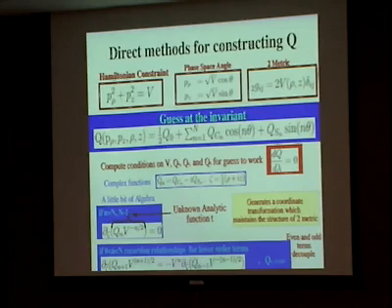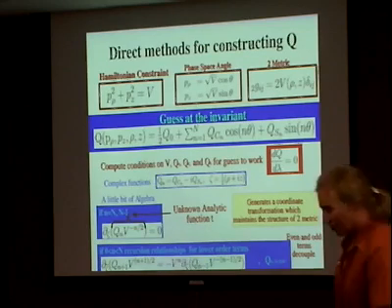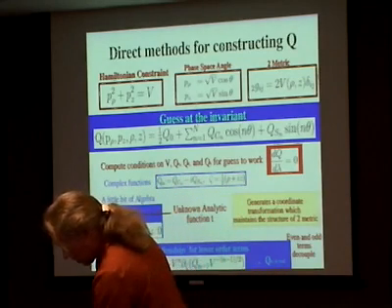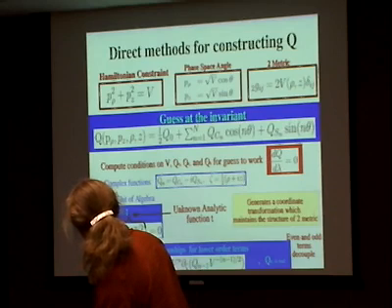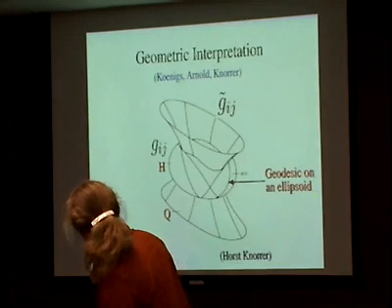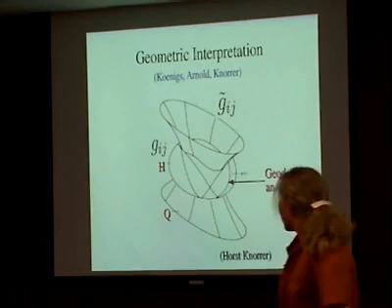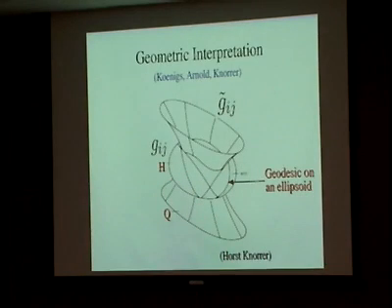So to get a geometric interpretation that is valid eventually for Kerr and Schwarzschild, suppose you start with a two-metric and you have a Killing tensor on it. For example, this ellipsoid.